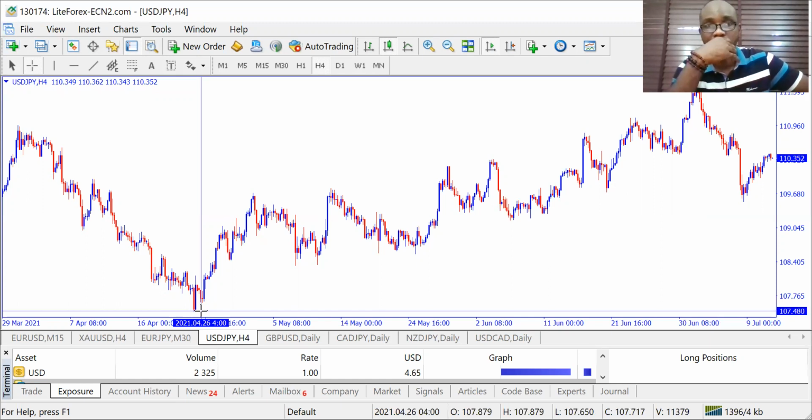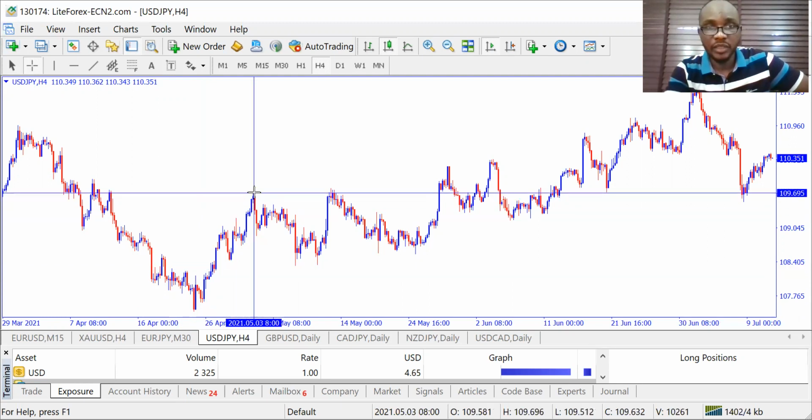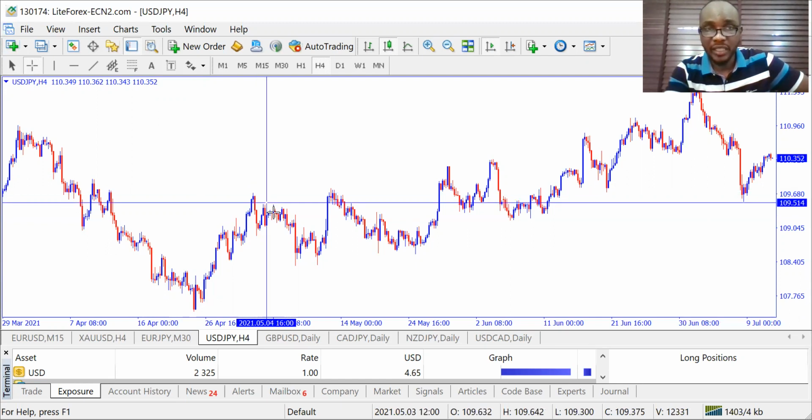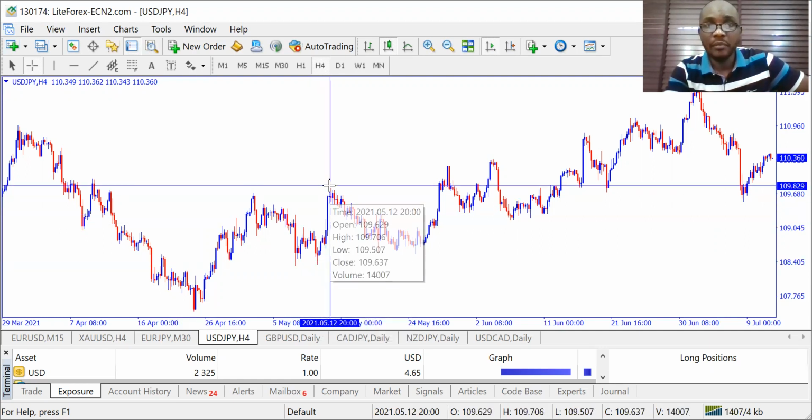Now, in that movement, there's always a break which causes a change in direction. As you can see here, as soon as the market went up to this height, 109.703, the market quickly dived downwards to 108.308, which later turned around and went back up.